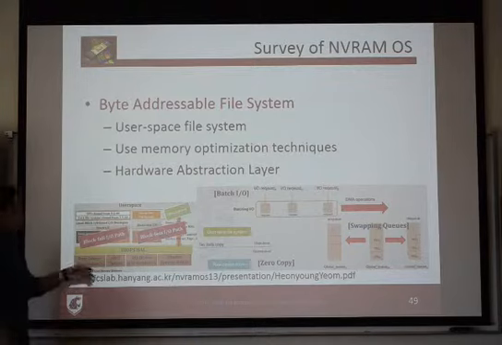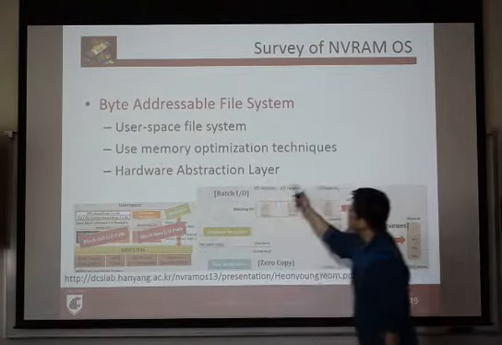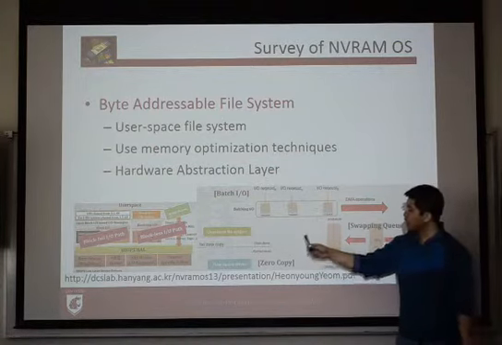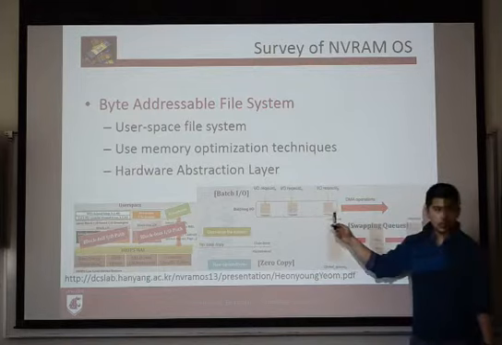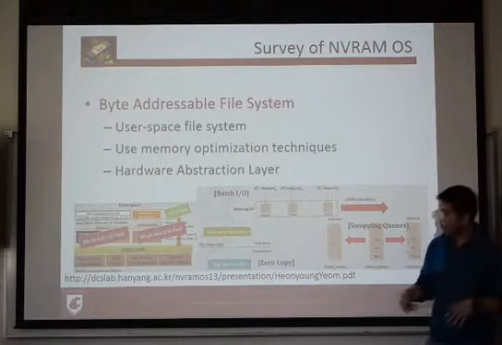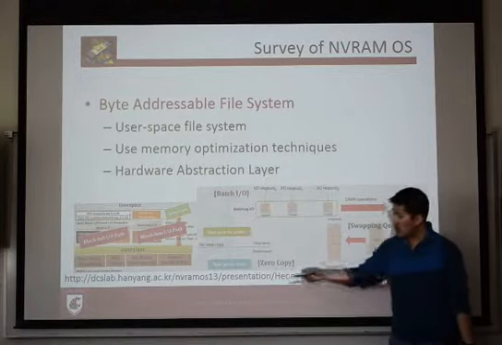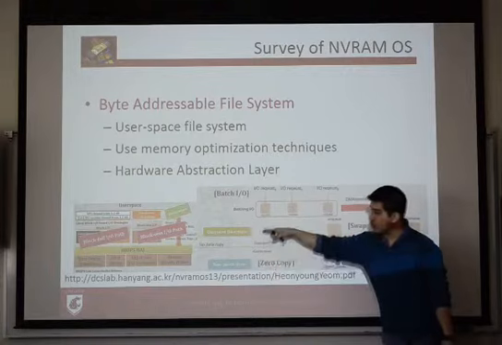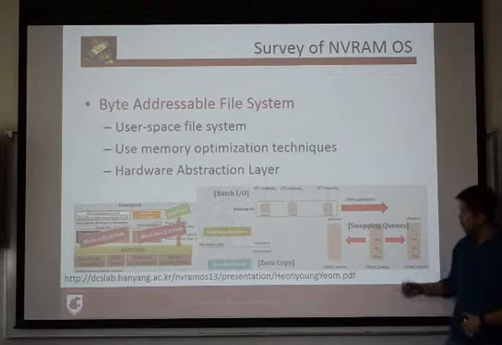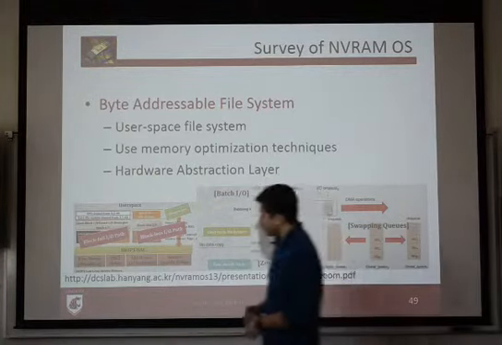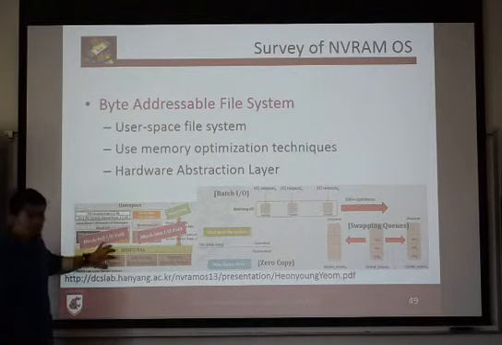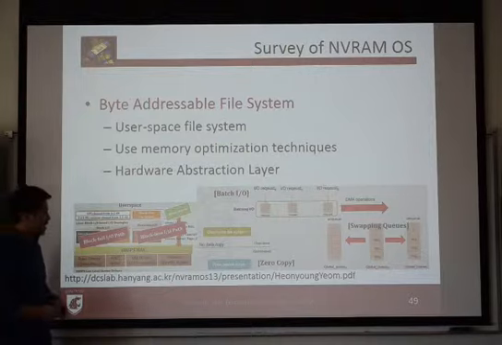And with this type of system, they can use memory optimization techniques. If you have a certain interface, you can batch your IO requests to your storage class memory, or you can do zero copy. So you don't need to copy data from kernel memory to user space memory. You can just change the reference variable. And there's swapping queues. And the way they did this is by adding this extra layer called the hardware abstraction layer.